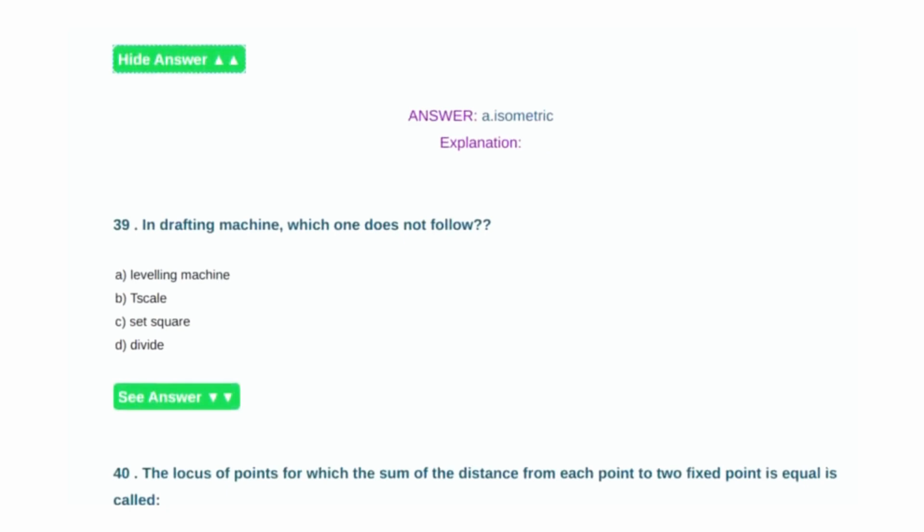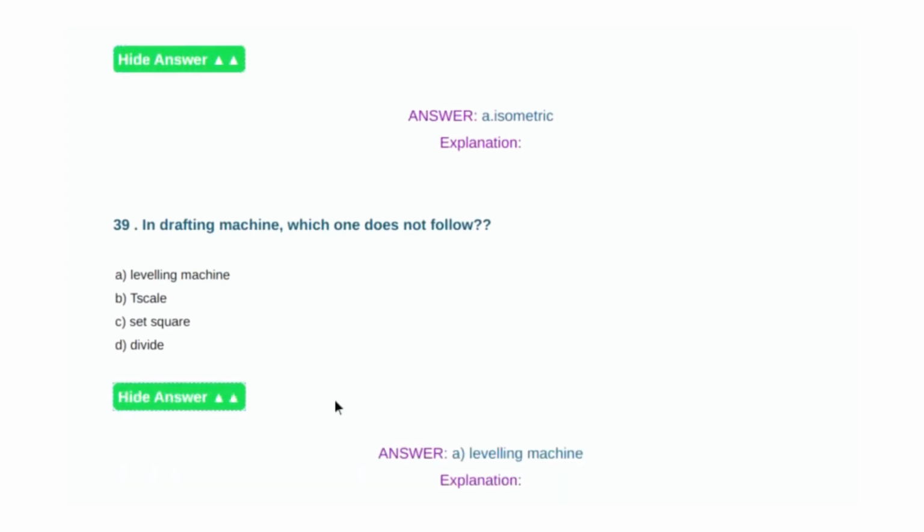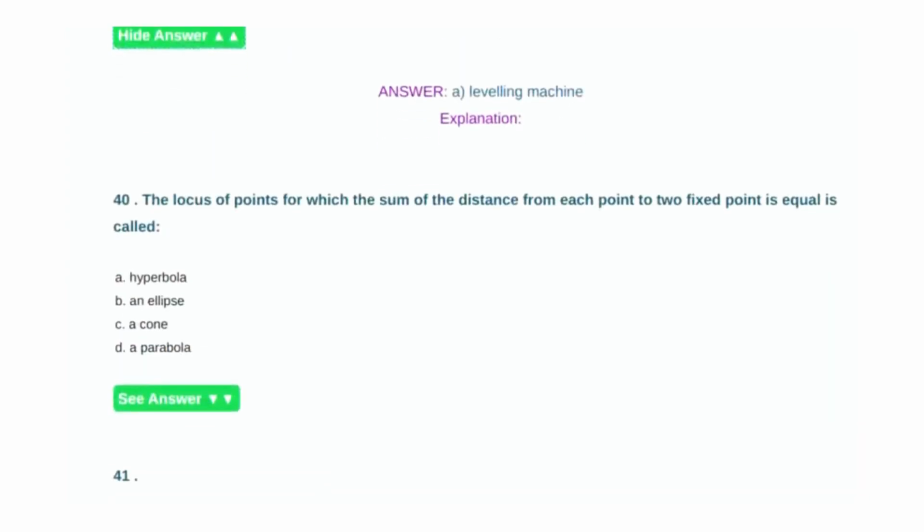In a drafting machine, which one does not follow? Leveling machine, T-scale, set square, divider. The locus of points for which the sum of distances from each point to two fixed points is equal is called parabola, ellipse.